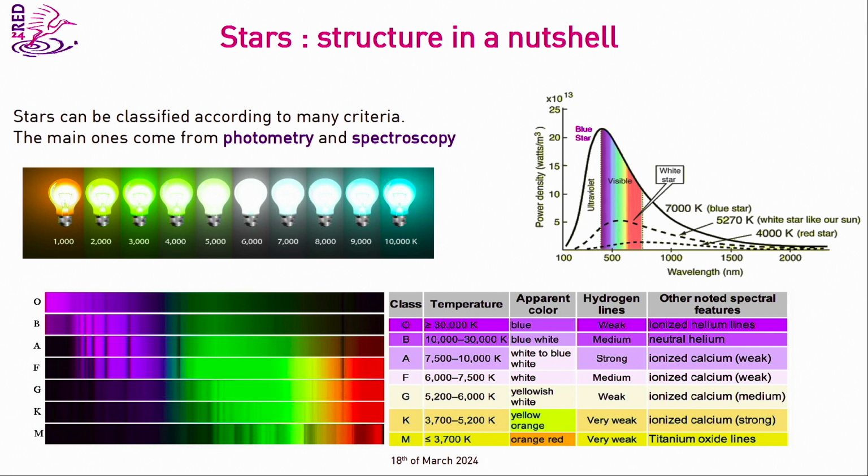So doing photometry, and finding the maximum of energy in one spectrum, here, for instance, this is the maximum of energy in this kind of star, and here is the maximum in this kind of star, you can see what the temperature is. It's just the surface temperature, but it's already okay.